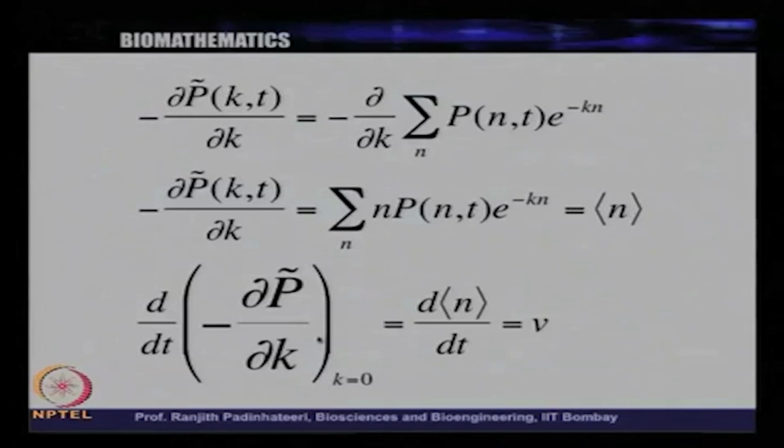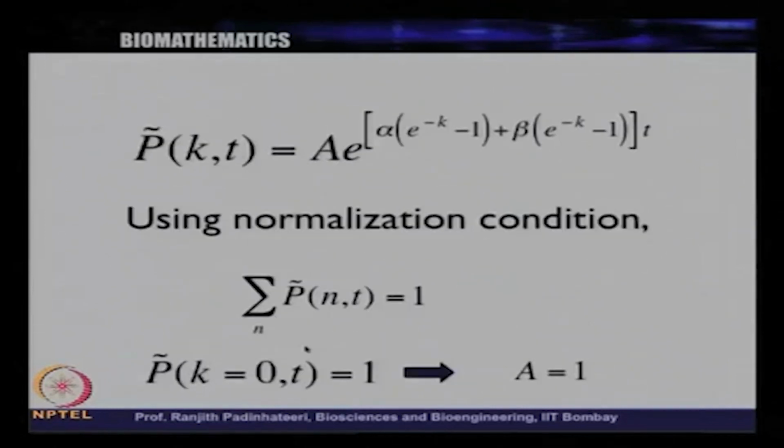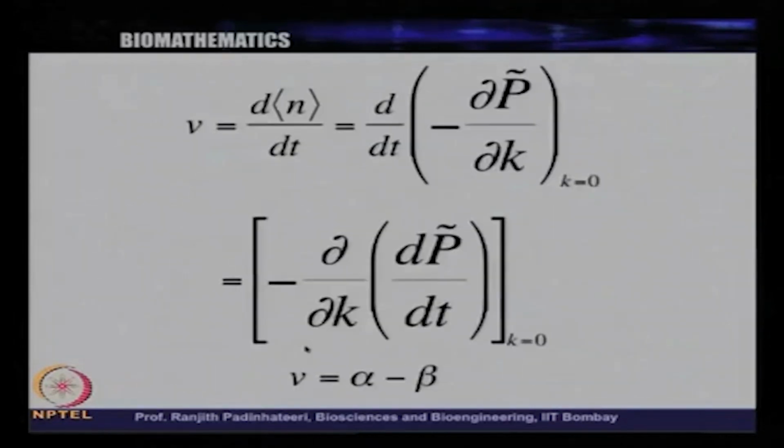So the correct statement is: d by dt of minus del p tilde by del k at k equals 0 is n average. And v can be calculated as dn by dt, that is, d by dt of del p tilde by del k at k equals 0.